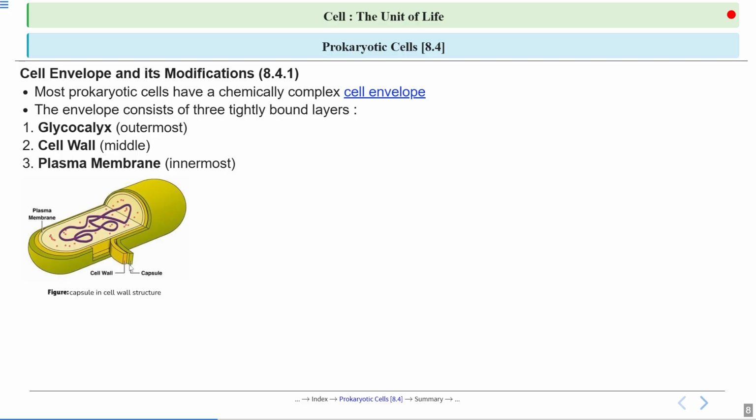You can see in this image the capsule, which is basically glycocalyx when it is thick. You can see the cell wall here, which is the middle layer, and then the plasma membrane, which is the innermost layer. This is a bacteria, a prokaryotic cell, and the cell envelope is shown to you. The cell envelope consists of 3 tightly bound layers.